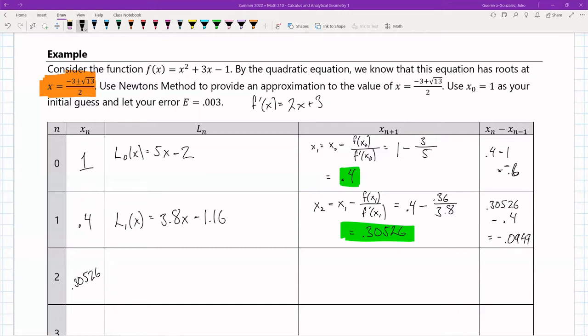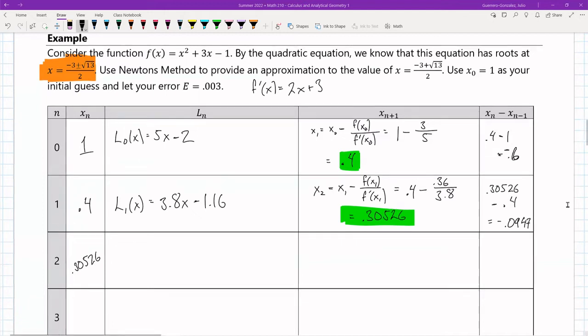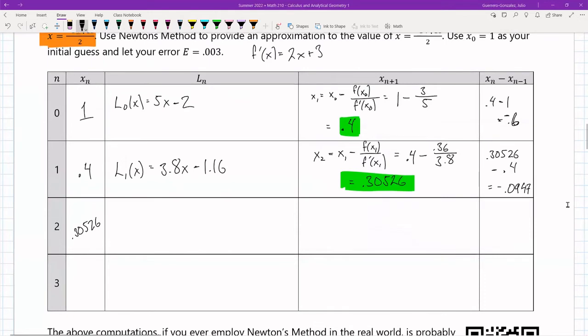It's much better to do it this way than by hand. The next one down, L2 in this case of x, is going to be 3.61052x minus 1.09318, if you do the math outright.